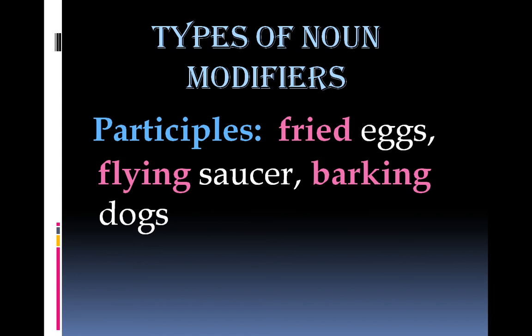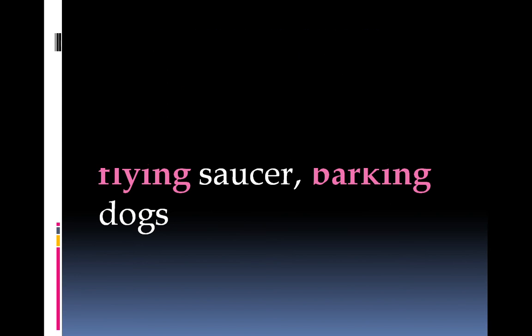In this particular structure, barking has been used as a word to indicate a quality of a noun. So, it's also a noun modifier. In simple words, first form of the verb plus ing, we call it present participle form of the verb, or third form, also known as past participle form of the verb. Whenever they start behaving like adjectives in phrases and sentences, we call them noun modifiers.